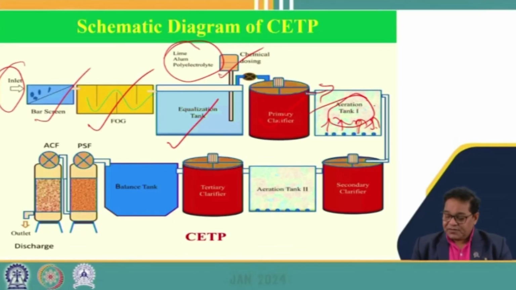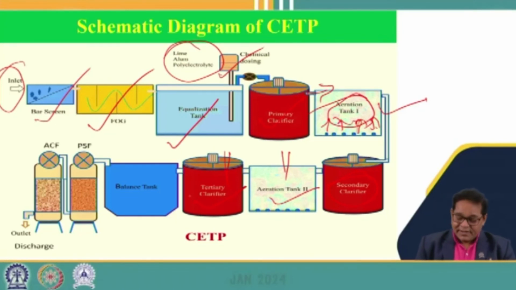After this aeration tank, the wastewater is taken to a secondary clarifier because the treated effluent contains a lot of microbial impurities in the form of sludge. That is removed in the secondary clarifier. This is the secondary stage, where the aeration tank is followed by the clarifier for removal of biological impurities and biological sludge present in the treated effluent from the aeration tank.